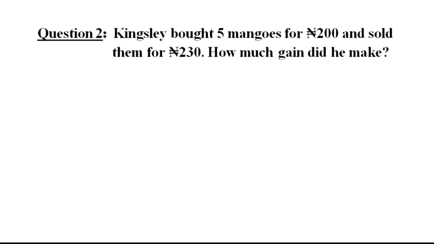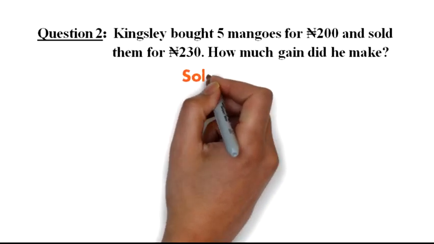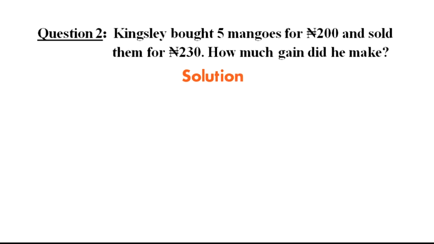Question 2. Kingsley bought 5 mangoes for 200 naira and sold them for 230 naira. How much gain did he make? This question is the same as question 1. So, let's give it a try. To solve this question, we will first write out the cost price and the selling price. From the question, Kingsley bought 5 mangoes for 200 naira.